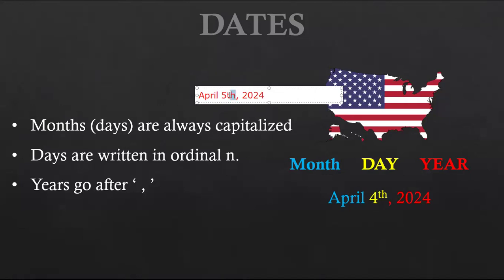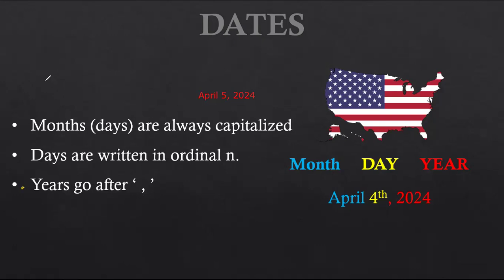And you can drop the th. You can omit the th, and you will still have to pronounce it like an ordinal number, like fifth. As well, we've seen this: years go after the comma. This is the last point. Years go after the comma.